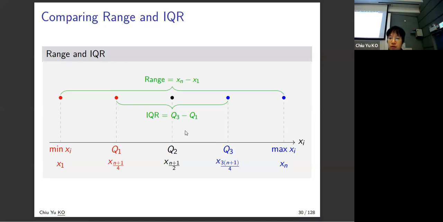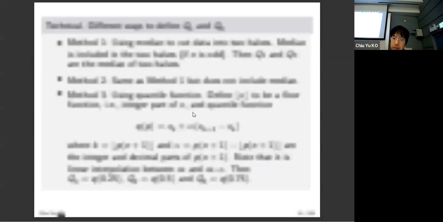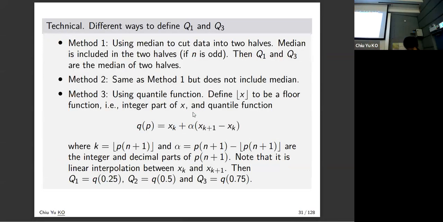So let me talk about 3 different methods. The first 2 methods will finish the quantile topic, then we will leave the variance for the next class. The first 2 methods are something some of you learned in high school, if it's taught in high school.